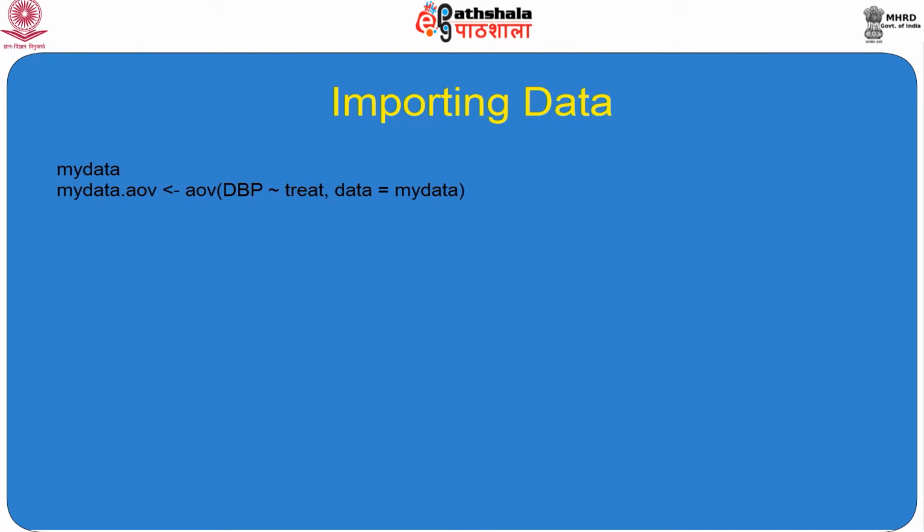Now once I call my data, after that I use another function, aov, and within parentheses dbp tilde treat is used, and again we call data equals MyData. So in MyData, dbp and treatments are given here. dbp is considered as the response variable and treatment is considered as the covariate.